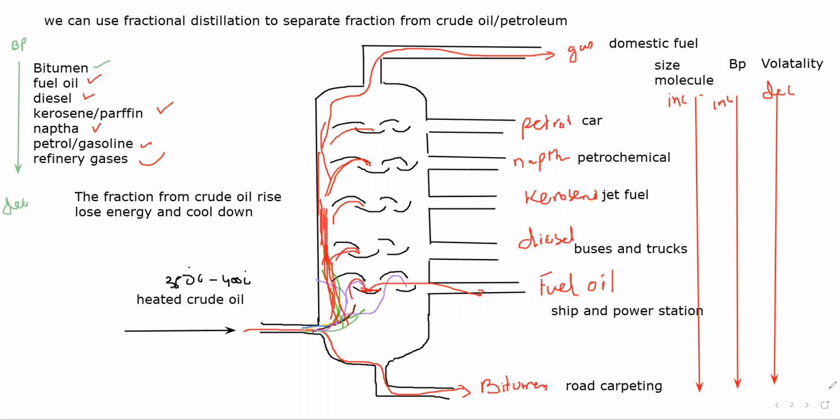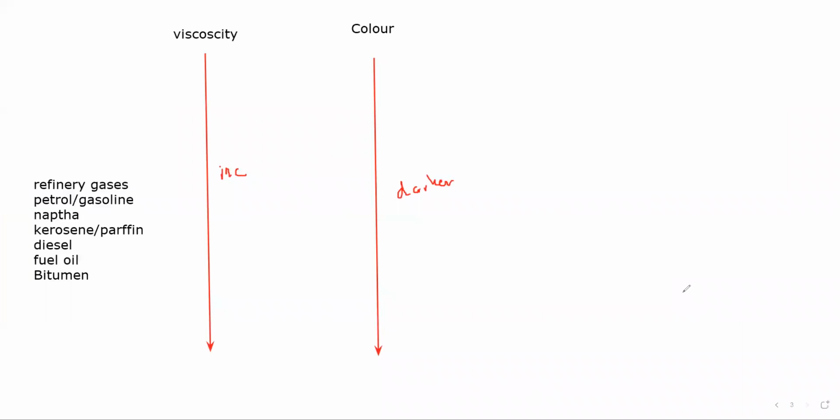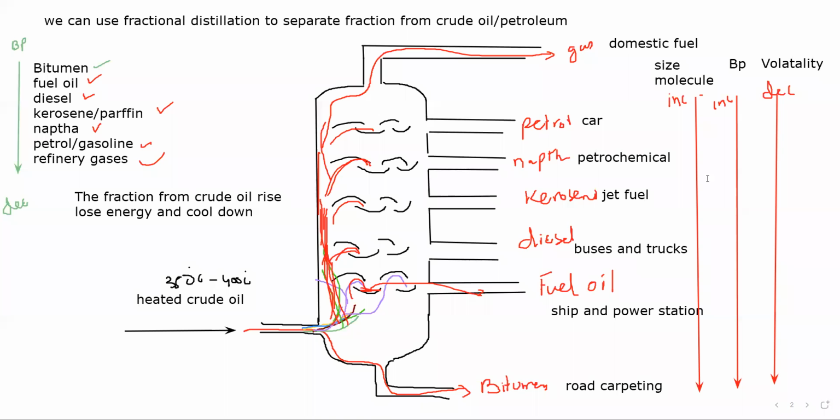Is it clear, the fractional distillation of crude oil? The fractions which we obtain are bitumen, fuel oil, diesel, kerosene, naphtha, petrol, and refinery gases.